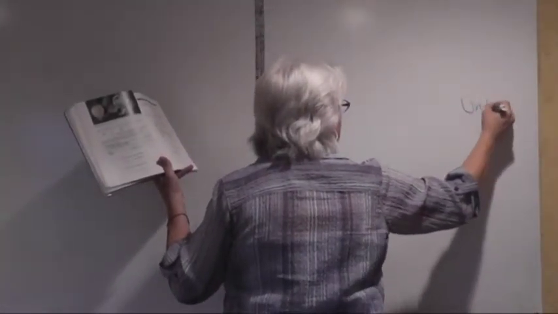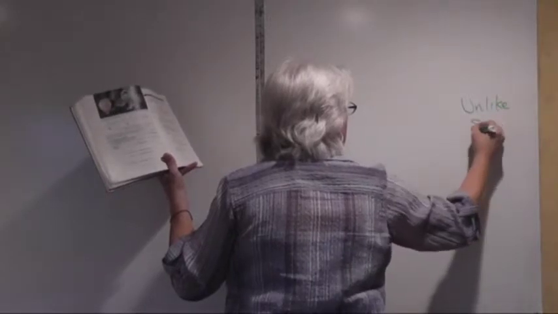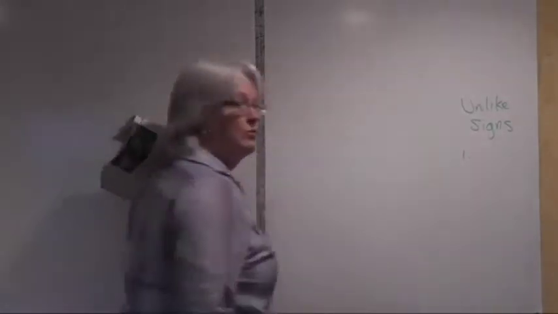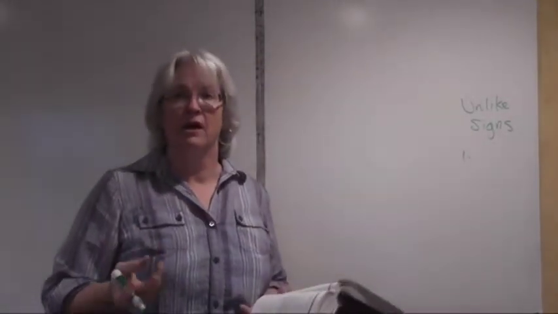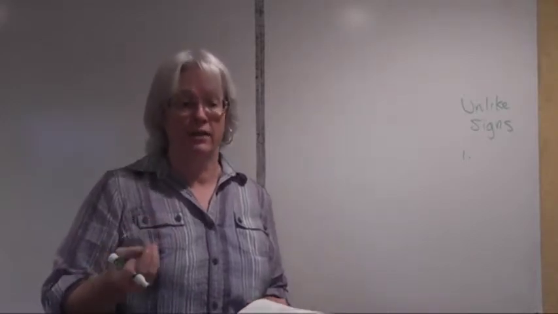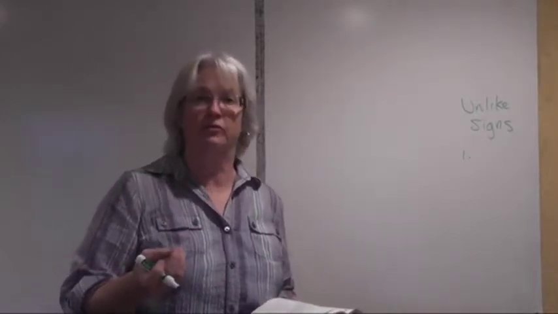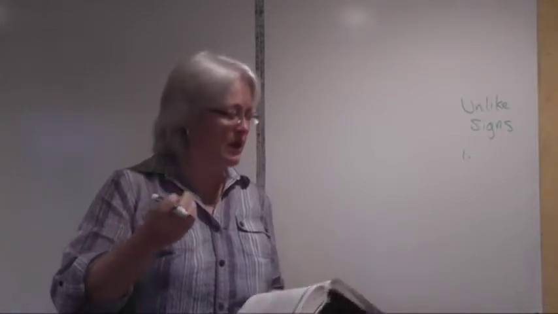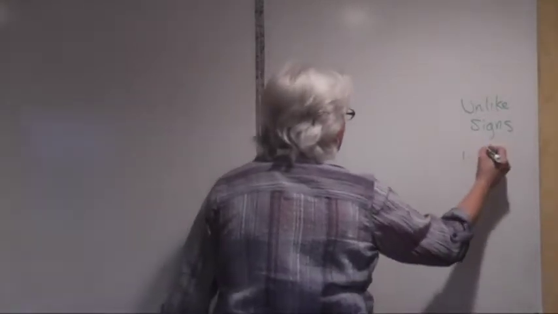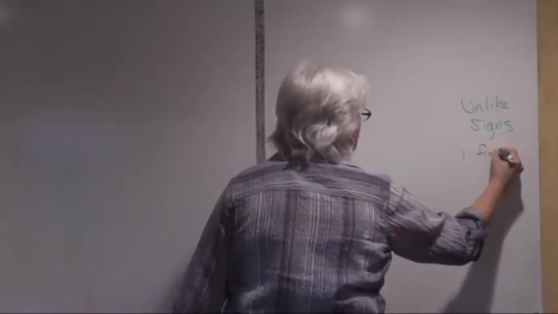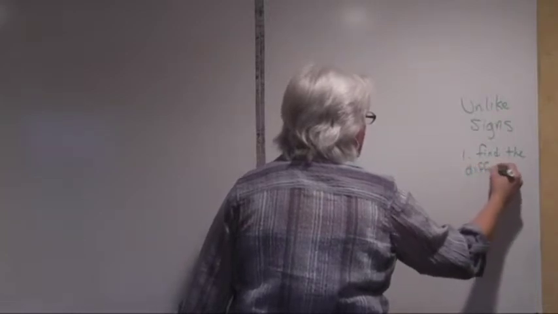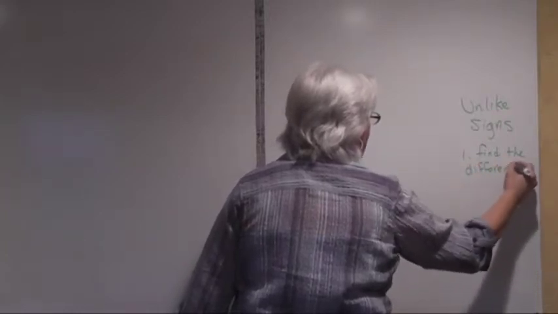I'm going to put this over here. Unlike signs. What did we do first if we were adding integers that had like signs? Well, what you did was you added the absolute values of the addends. What we're going to do here is find the difference of the absolute values.